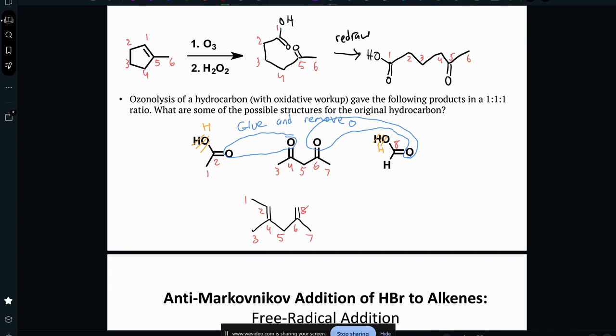And then if I want, I can explicitly draw in the hydrogens here. I don't need to. They could be implied. But this would be my starting material. That would, if I did ozonolysis with H2O2 as the second step, give me these three products.